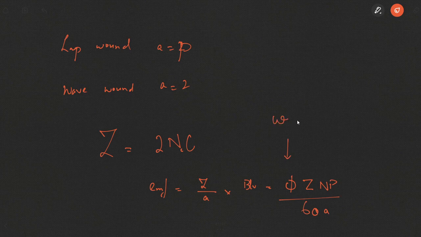Instead of writing omega, that's in terms of radians per second, I have written in terms of N, in terms of RPM, and you can find out in terms of RPM what will be your formula for omega. Fine. So the pi goes away, omega goes away, you are left with N divided by 60.